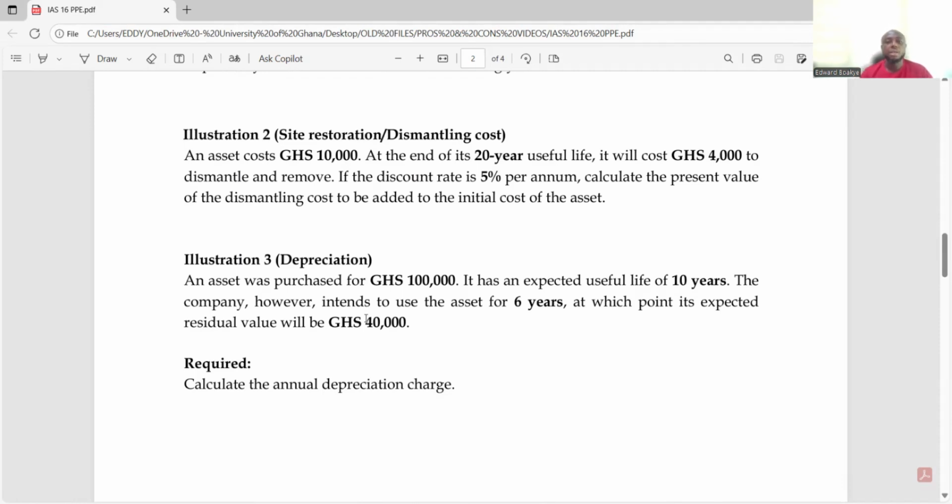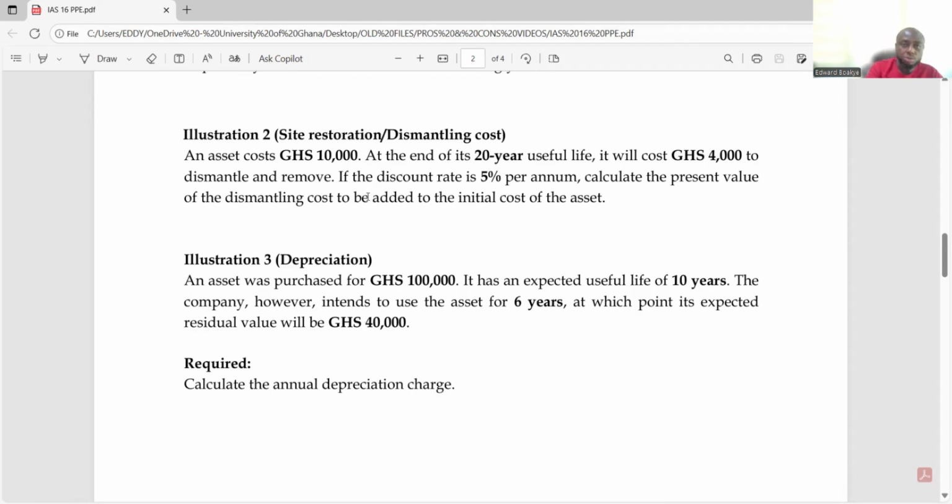If the discount rate is 5% per annum, calculate the present value of the dismantling cost to be added to the initial cost of the asset. So this one, you have the initial cost, which has been given to you. The cost is 10,000, and they are saying that it will have a dismantle value of 4,000, which is in 20 years' time. So we have to bring this to the present using 20 years.